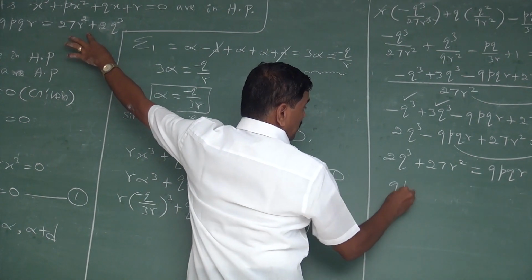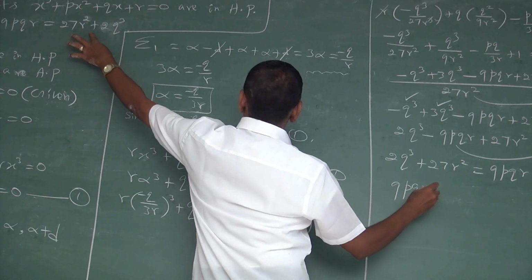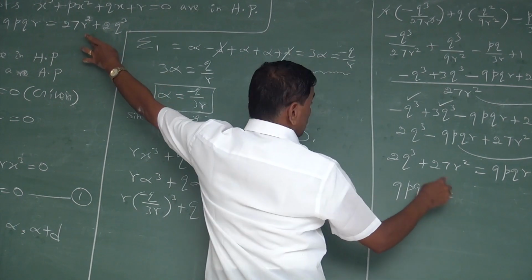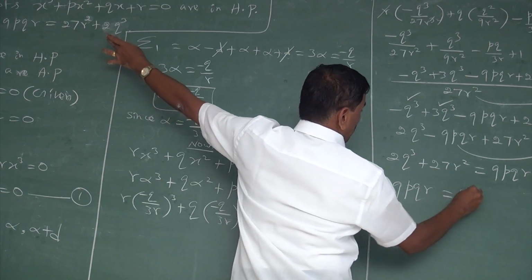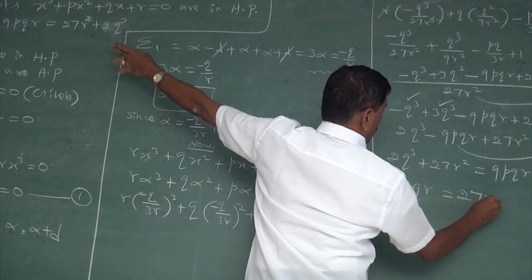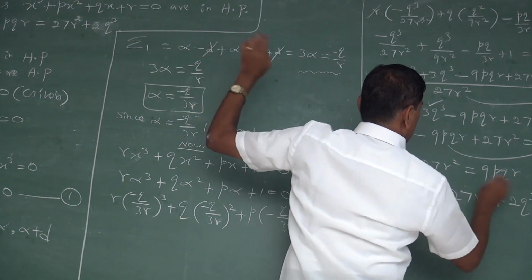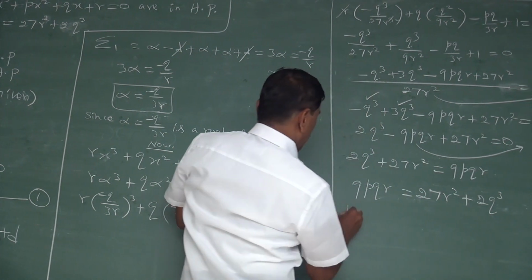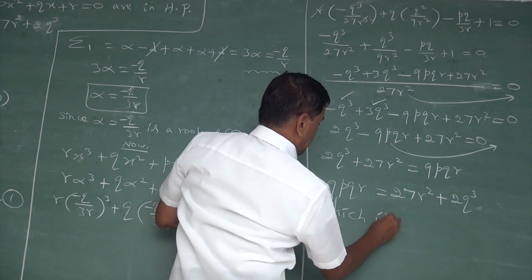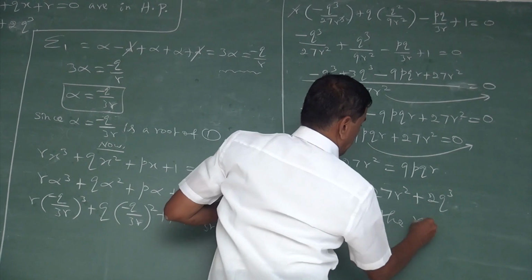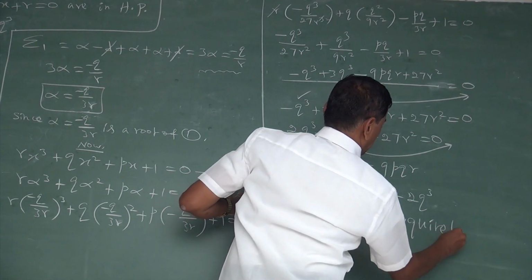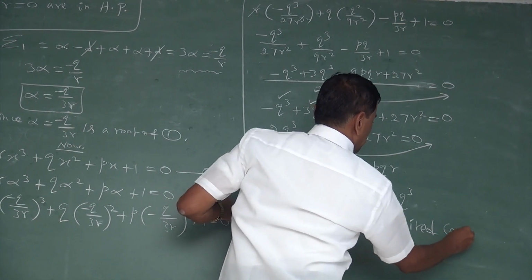It is of the form 9pqr is equal to 27r square. We can interchange, no problem. 27r square plus 2q cube. So which is the required condition?